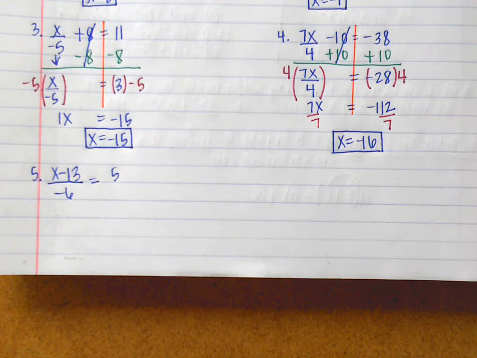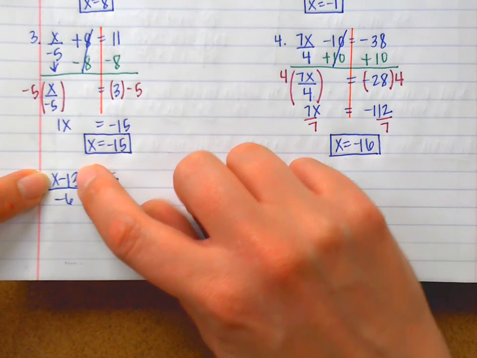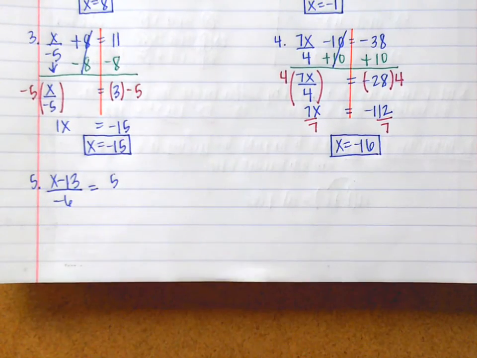When there is an entire expression like this divided by a number, we actually need to get rid of the denominator first. So this goes a little out of the ordinary of our normal add 13, then undo the multiplication and division. That's because the entire expression is divided by -6.